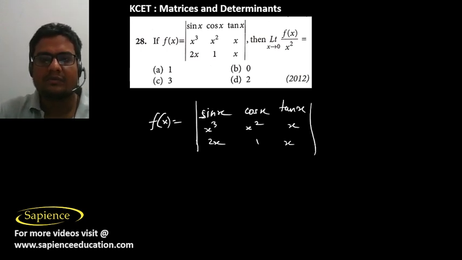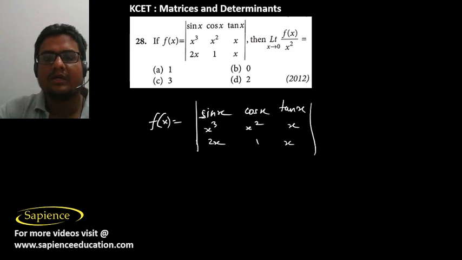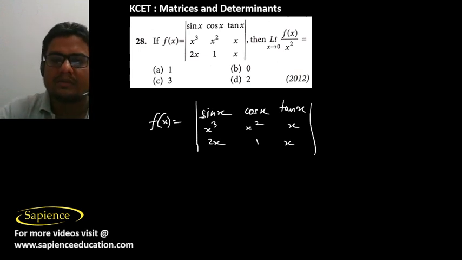So we have to multiply x square with 2. We can either multiply with 1 by x square with a single row, or with 1 by x with one row and 1 by x with another row, or we can do 1 by x with the first column and 1 by x with the second column.